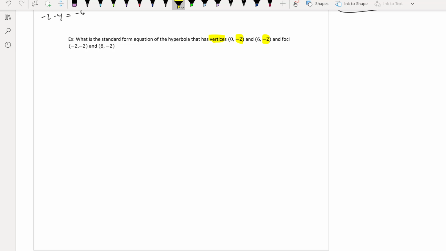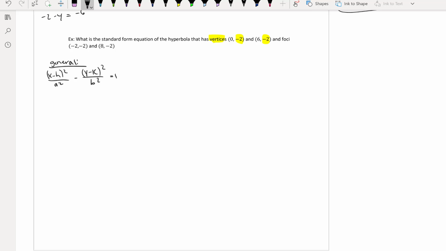So the general formula is going to be the one that has the x first. So that's going to be x minus h squared over a squared minus y minus k squared over b squared equal to 1.